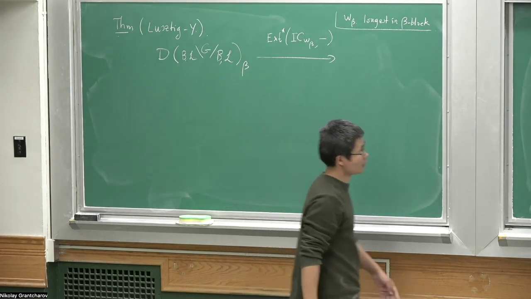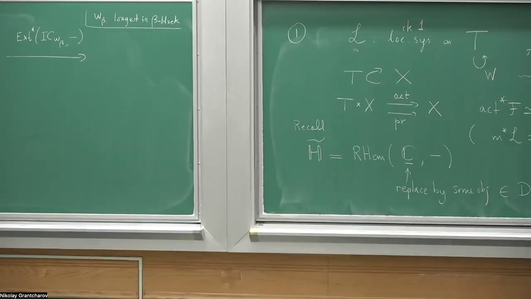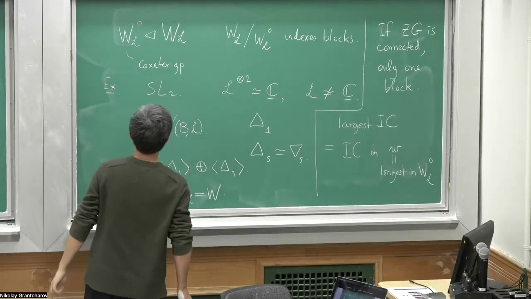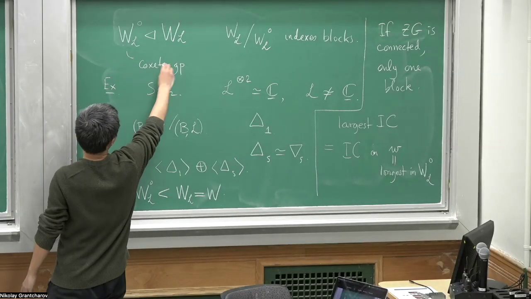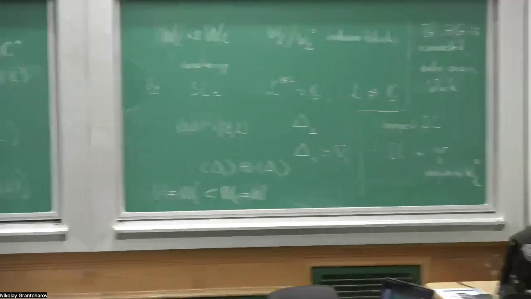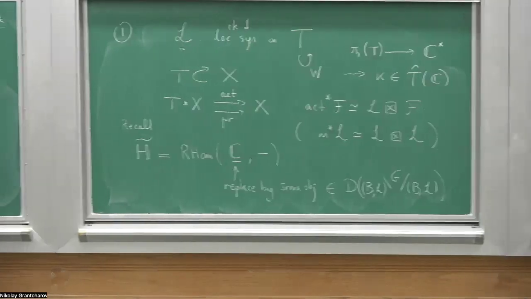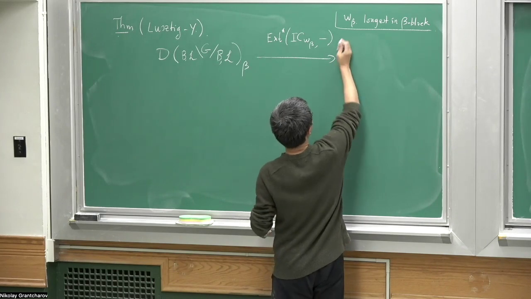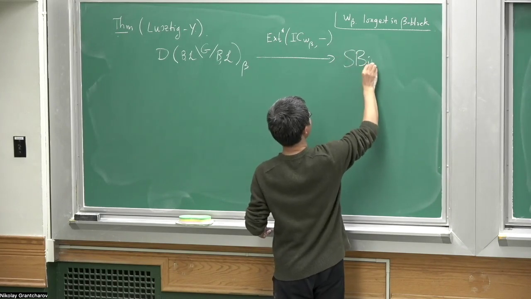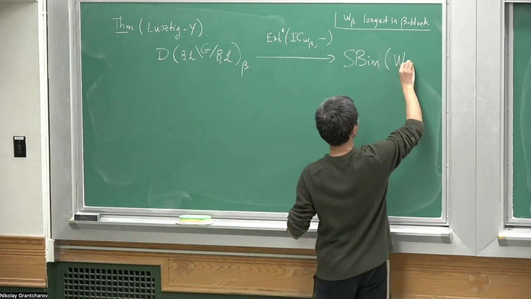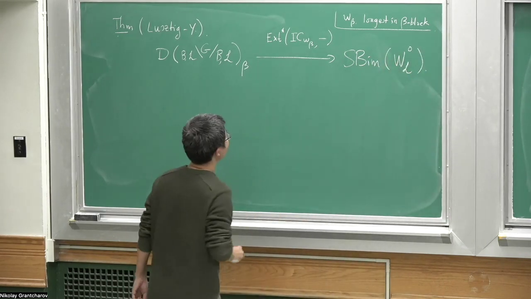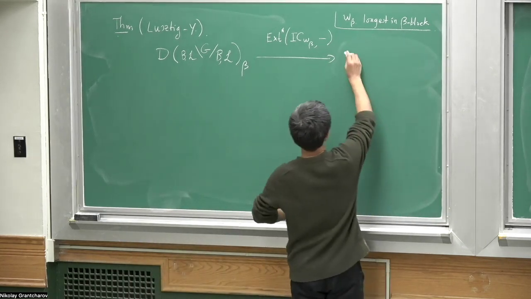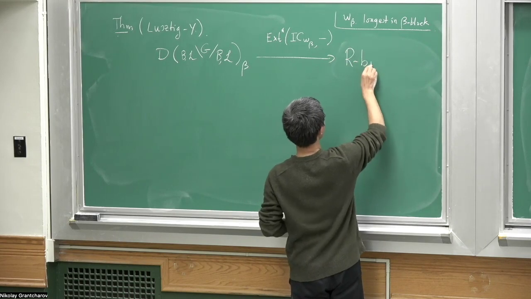When beta is the unit element here, the longest element in this Coxeter group, in general, it's this longest element multiplied with some element. And this still goes to, sorry, it's not yet Soergel bimodules, but to R bimodules.